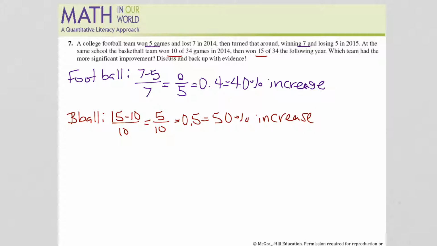So you can see here that the basketball team made a greater increase, and so you would think that that's more important. But think about the fact that basketball is still losing more games than they won, while in football they started winning more than they lost. So it makes a little bit of difference how you compare them.